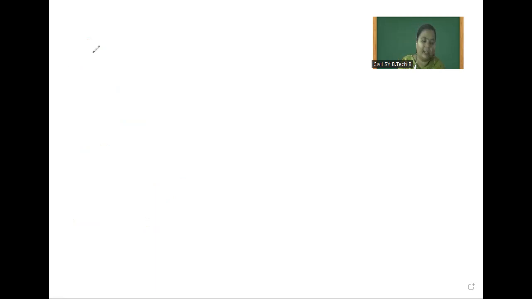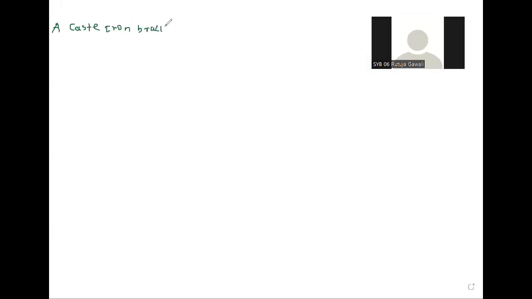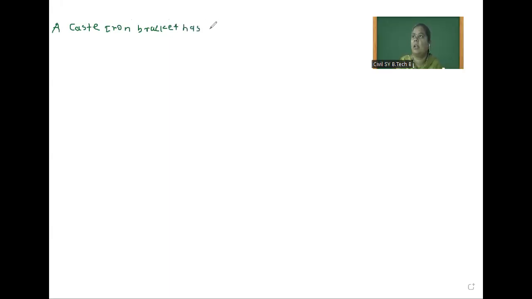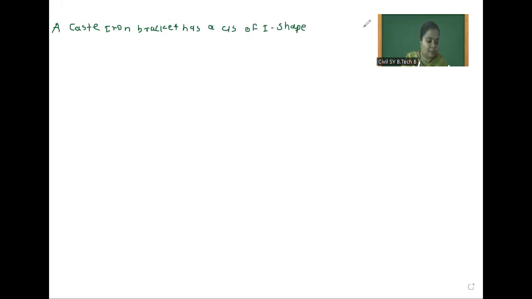A cast iron bracket has a cross section of I shape as shown in the figure below.